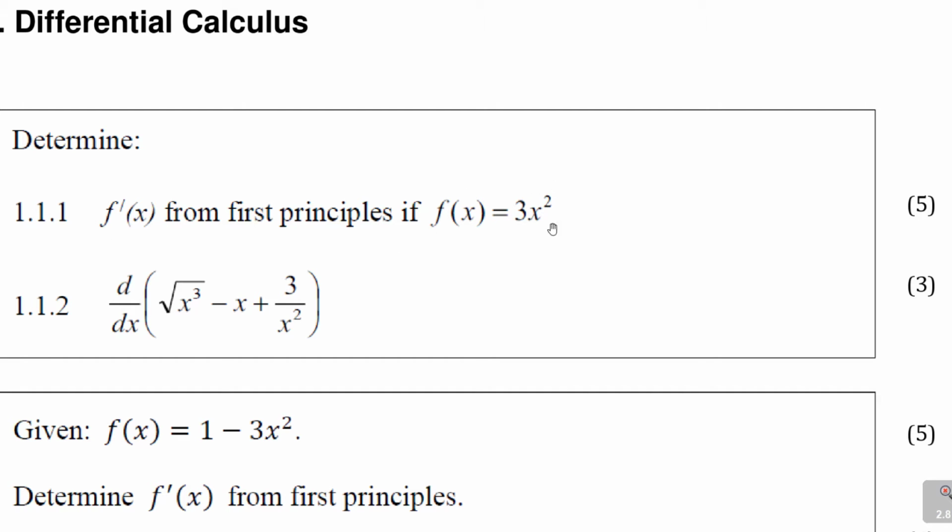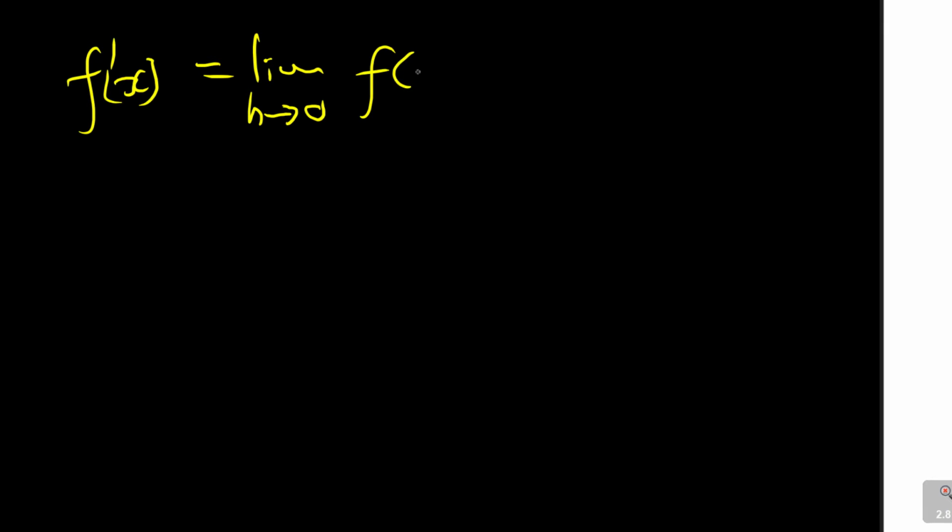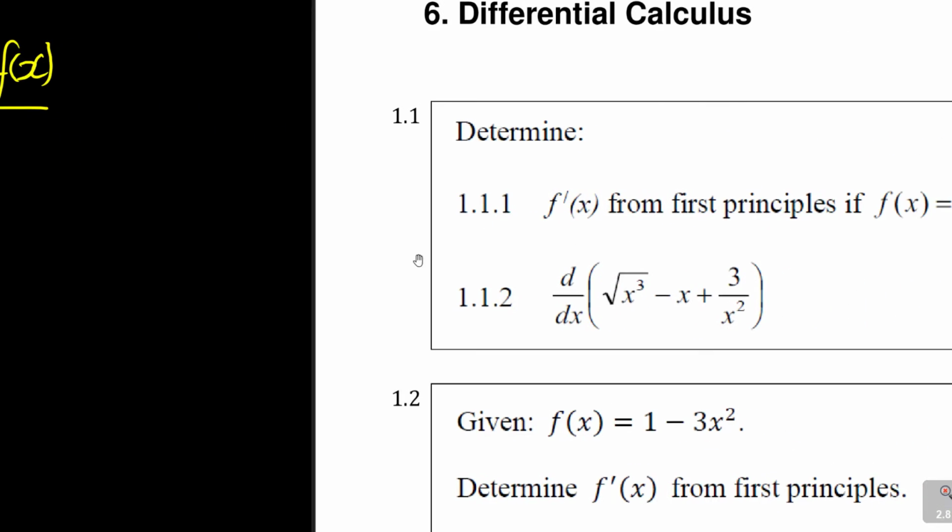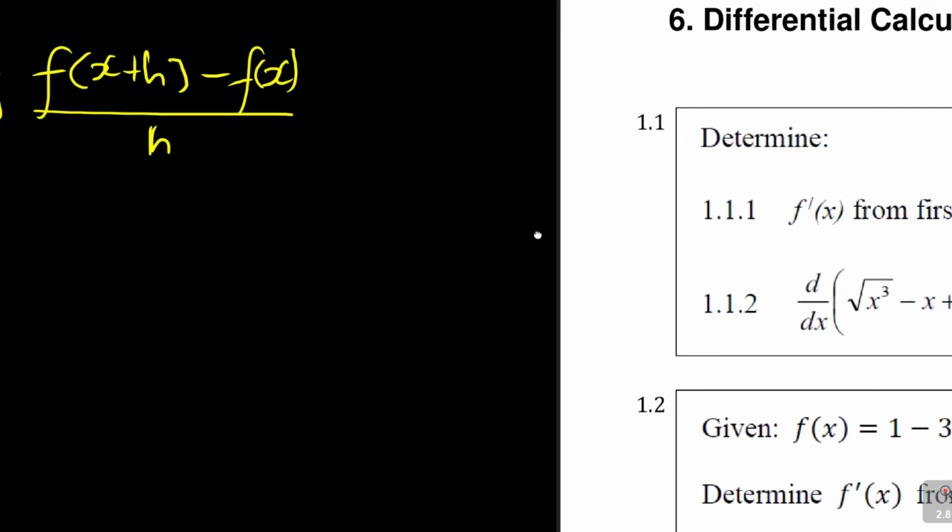When you are to differentiate with that, let me remind you of the formula: f prime x is equal to the limit as h approaches 0 of f of x plus h minus f of x, over h. This formula is given already in your formula sheet, but you need to apply it every time. I won't write it again, but we'll just be using this formula.